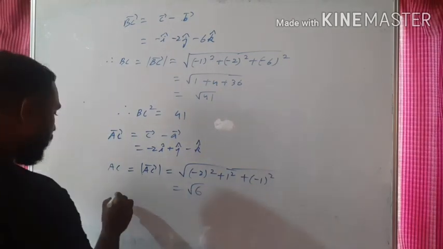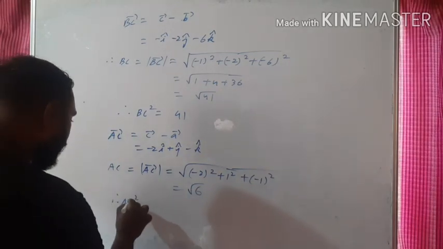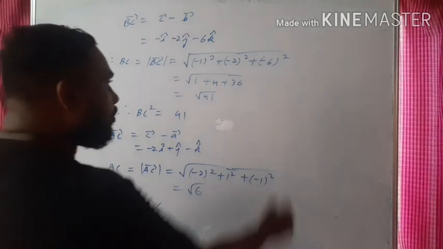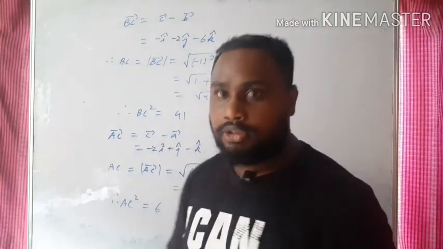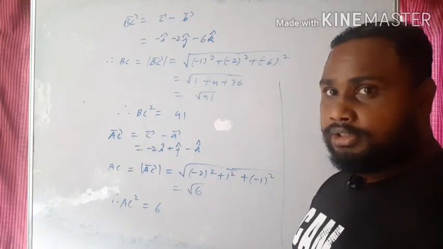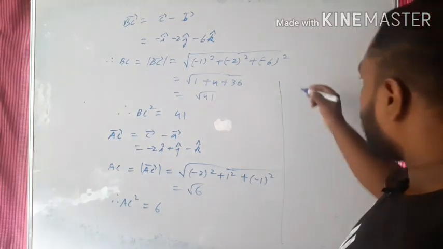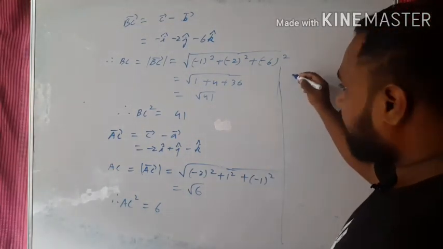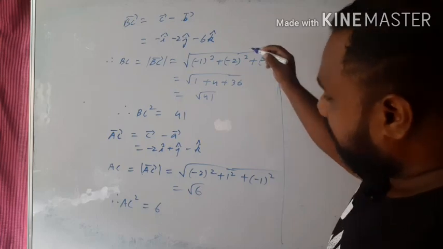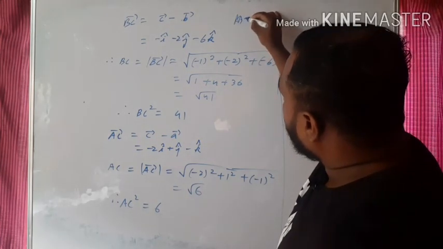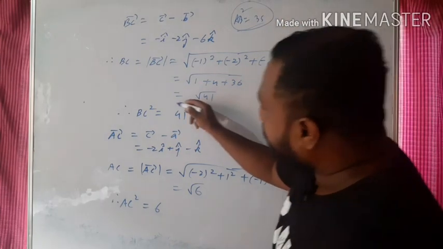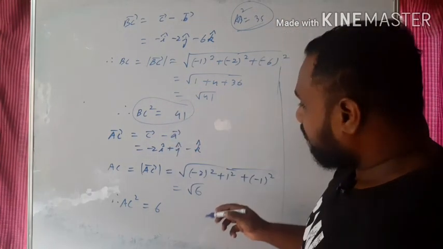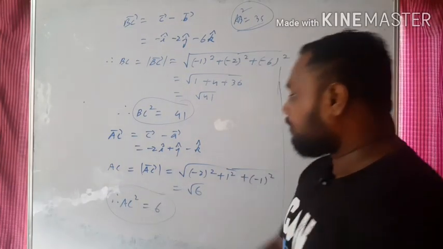Therefore AC square will be 6. So we have found the squares of all the sides. AB square we have got 35, BC square we have got 41, and AC square we have got 6.